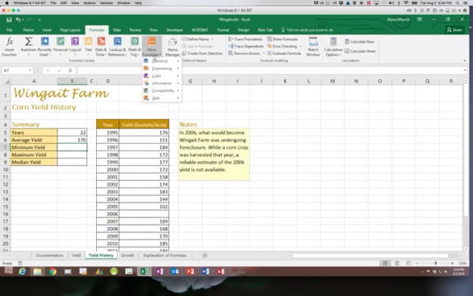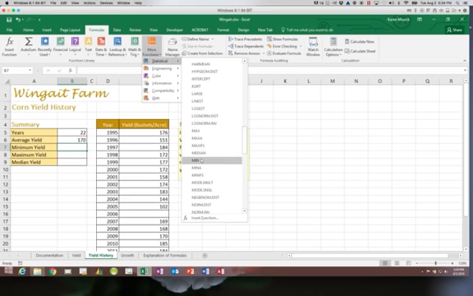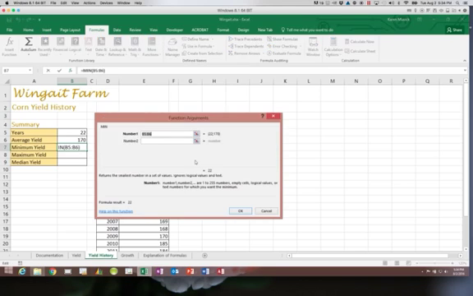So under more functions, under statistical, we could scroll down and locate min for the smallest. And then it wants to know where the minimum numbers are located, and we want it to use all of those in column E.